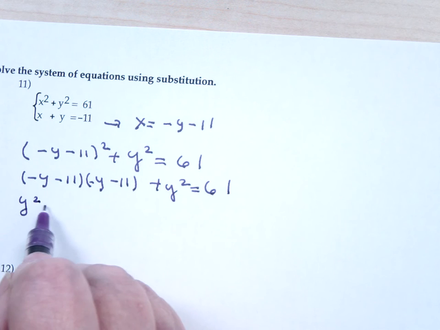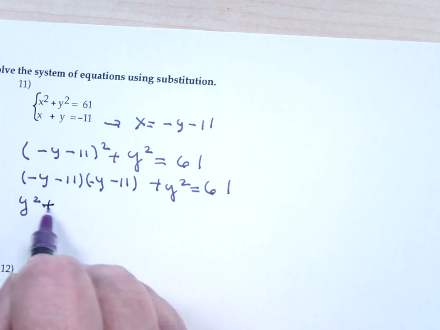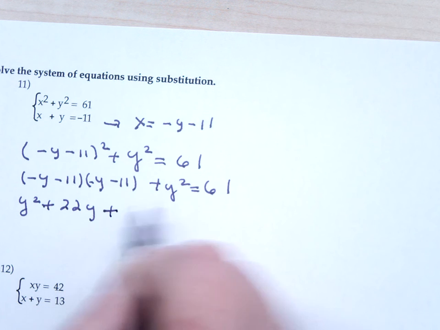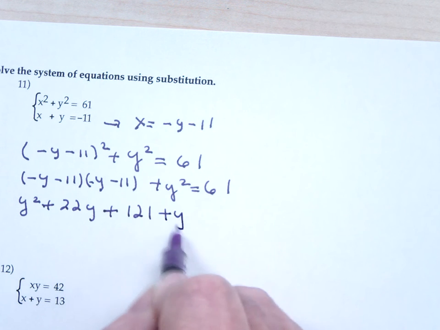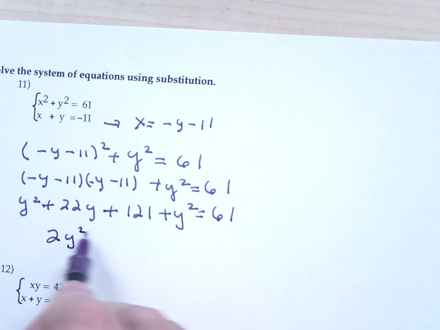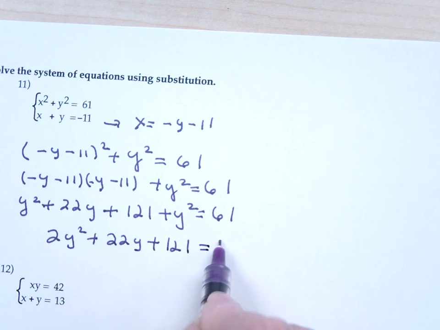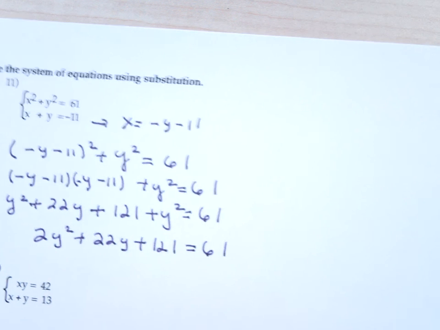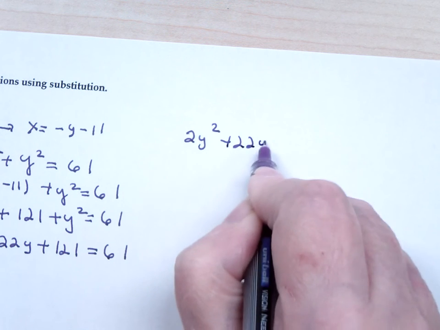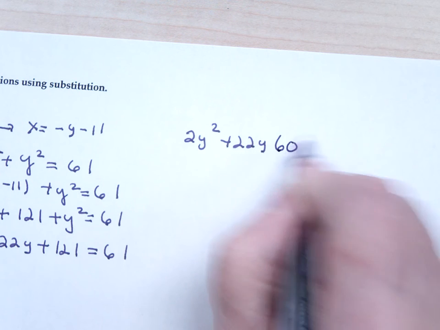Y squared, minus 11, well, this is 11 and 11 plus 22y plus 121 plus y squared equals 61. 2y squared plus 22y plus 121 equals 61. 2y squared plus 22y, subtract 61, and you get 60 equals 0.